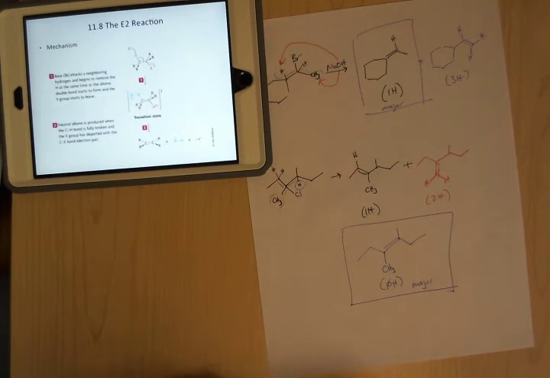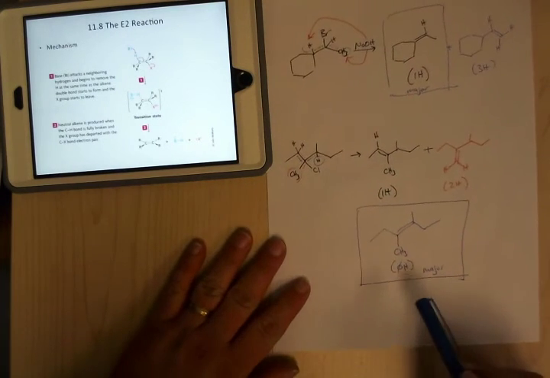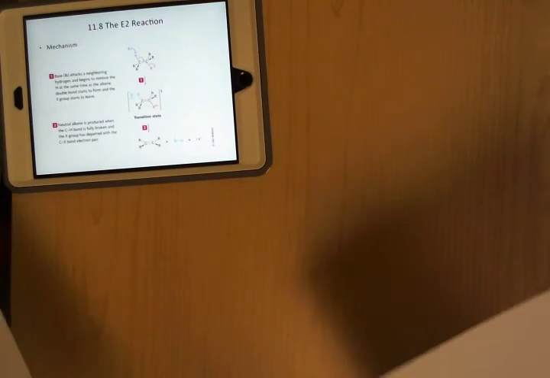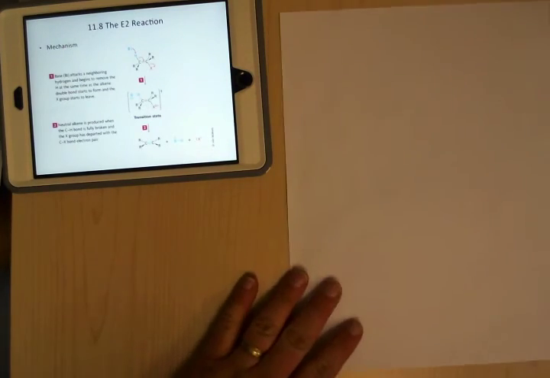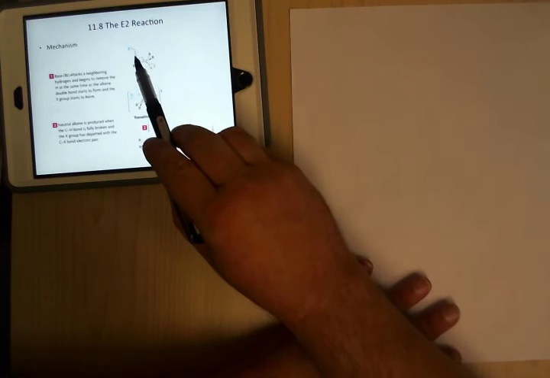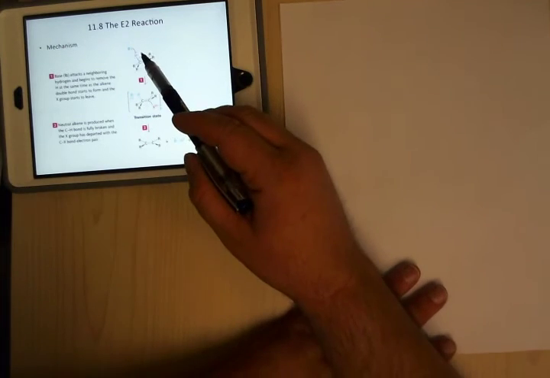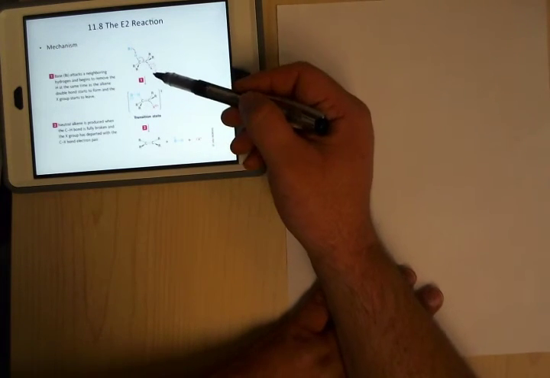Now again, for the E2 reaction, one thing you need to notice is that you need to have a hydrogen that's 180 degrees from your leaving group.